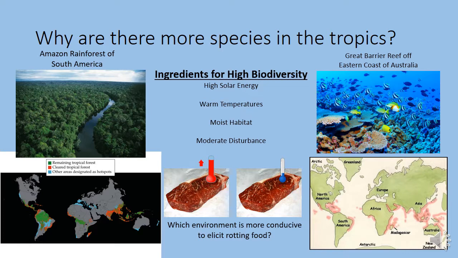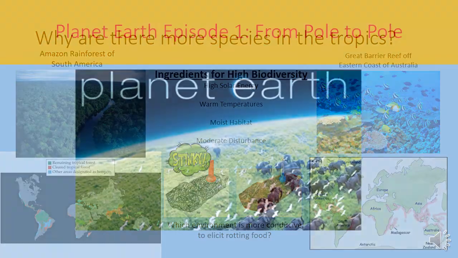Well, the warmer temperatures are going to make it rot much faster. This is why we have refrigerators in our house, to put food in to keep it from rotting as fast. So in the tropics, nutrients cycle, things grow faster, just all the above. It's really nice conditions for growth, which allows for more species to be there.